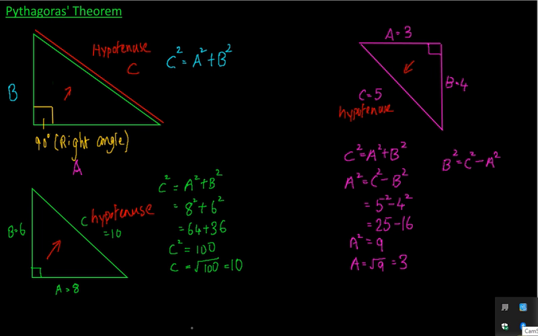And if we want to find any of the other sides, we have to subtract the other side from the hypotenuse. So that is the easiest way to remember this. If we want to find the hypotenuse, we have to add the squares, and if we want to find any of the other smaller sides, we have to subtract.